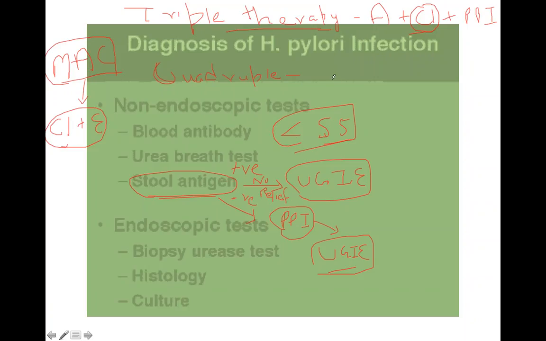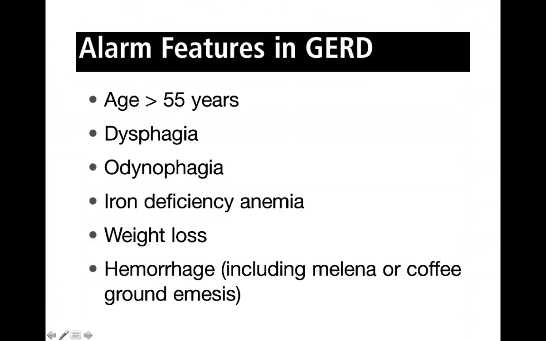Now, if the patient is more than 55 years of age, or the patient has alarming symptoms, like weight loss or dysphagia or odynophagia, vomiting, or the patient has hematemesis. Okay. In that case, like the patient is more than 55 years of age. The patient has dysphagia or odynophagia. Okay.